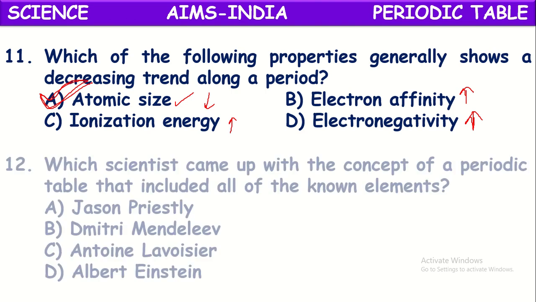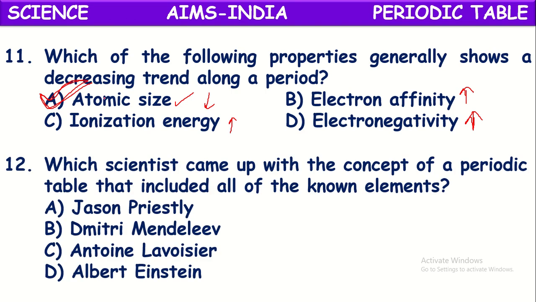Okay, next one. Which scientist came up with the concept of the periodic table that included all the known elements at the time? Yes, he was Dmitry Mendeleev, who succeeded in classifying all the available elements at the time into a tabular column.